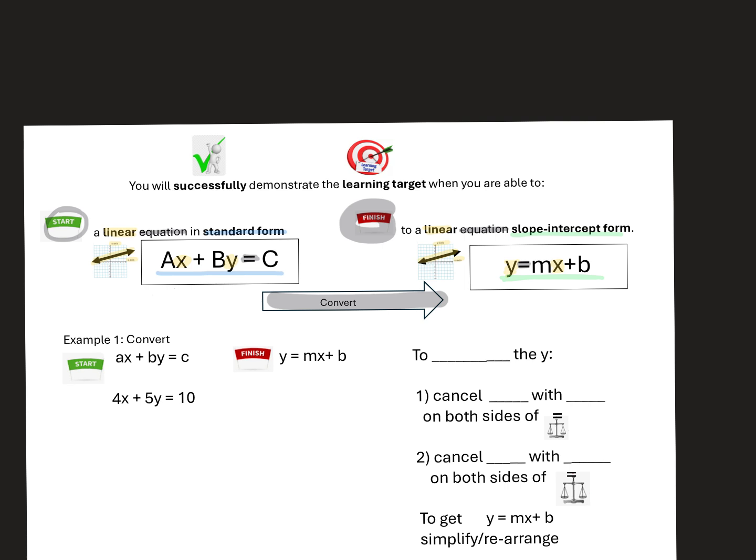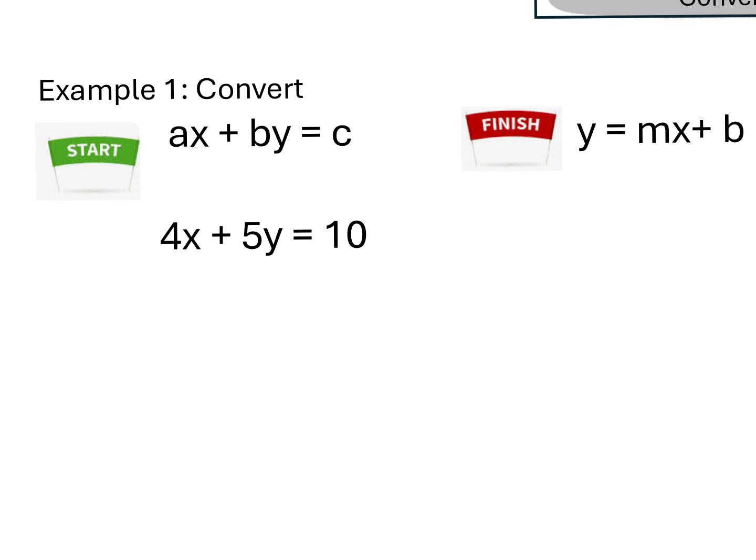So let's get started. Here in example 1, you see that I have an equation that is in standard form. And by the end, we want it to look like this. The first thing that I notice is that the way we want it to end up, that y is by itself.